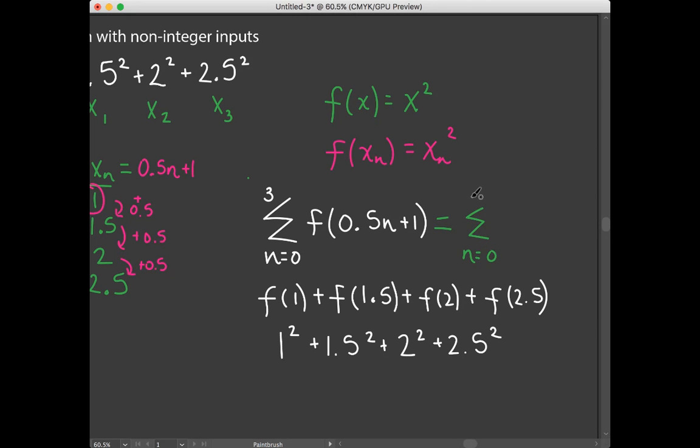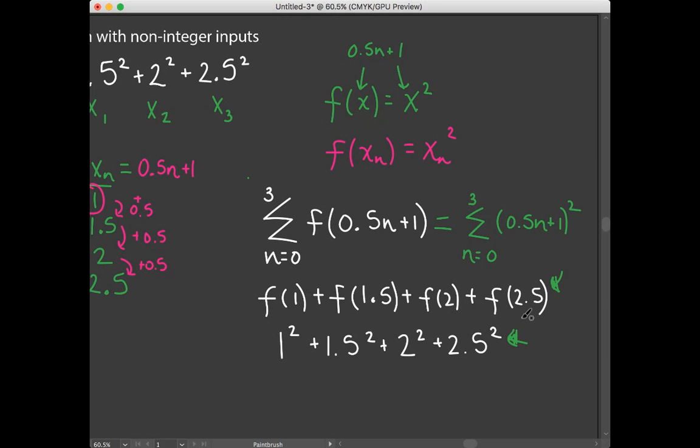Same idea, but instead of writing f of 0.5n plus 1, you're just going to think of this x as getting replaced with 0.5n plus 1. That's what I want plugging into my function. So this x will also get replaced with that. So I'll have 0.5n plus 1 squared. And that allows you to skip this step here when you go to evaluate and head right down to this step here.